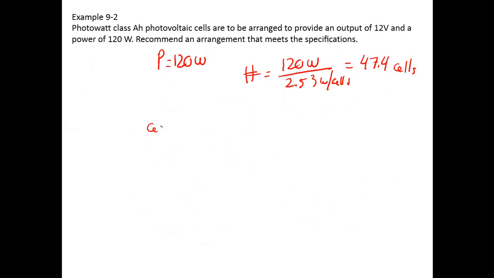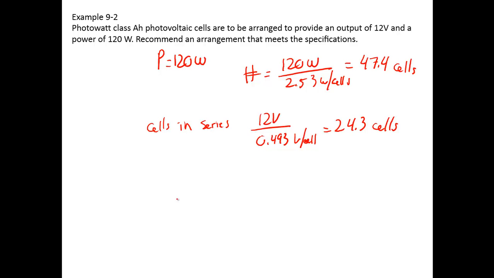So, in order to get the number of cells in series, I take my desired voltage divided by the voltage per cell, and I get 24.3 total cells in order to get a minimum of 12 volts.